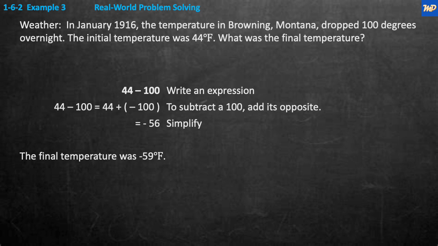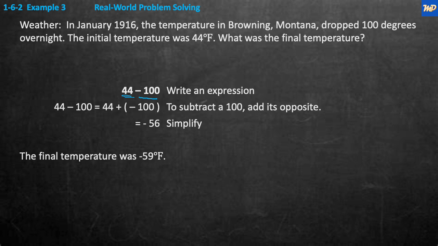So what are we going to do? We start off with 44, the initial temperature. Overnight it dropped 100 degrees, so that means we subtracted 100 degrees from 44. Obviously, it seems to have gone negative.